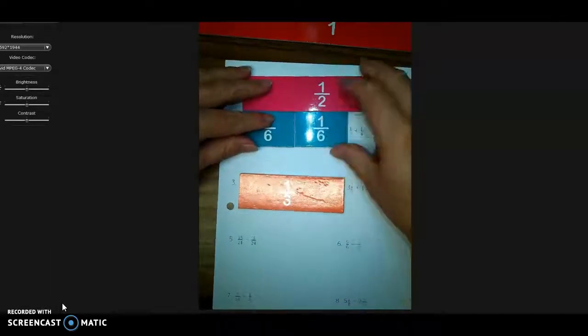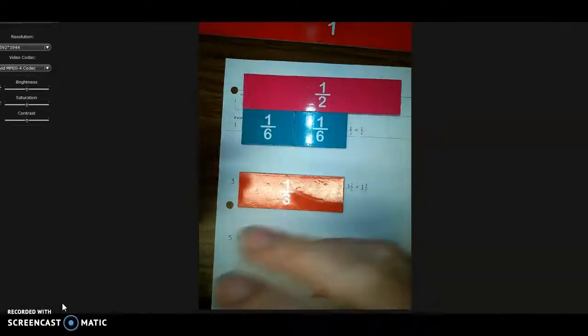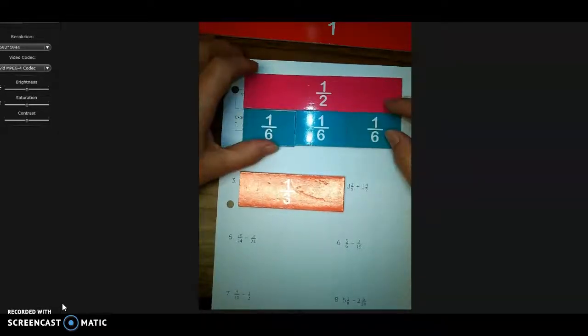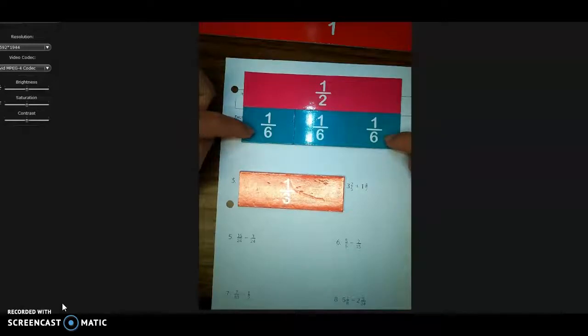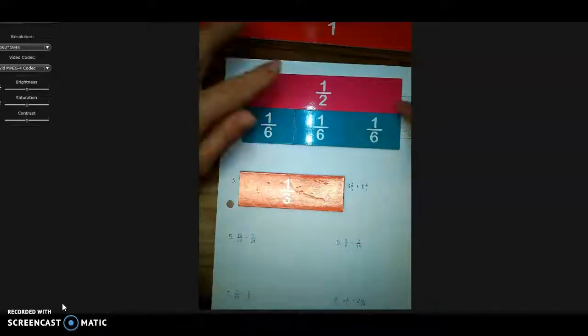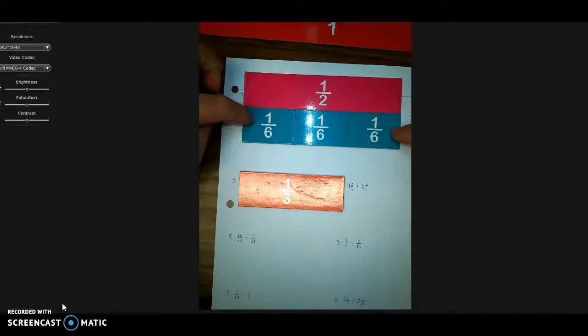If I do sixths, I see that I can get exactly the same amount using sixths as I can with a half. And you'll notice not just 1/6, but it takes 3 of those. So that means that 1/2 is equivalent, the same amount as 3/6.